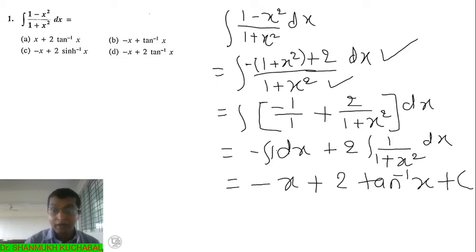Remember all of you, if it is an indefinite integration, we have to add the constant of integration as plus c. Therefore minus x plus 2 tan inverse x is the solution. Therefore option D is the right answer.